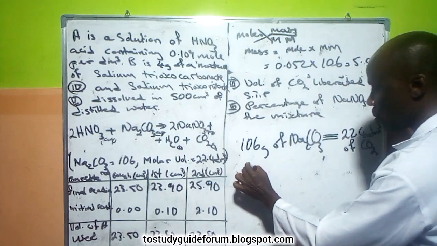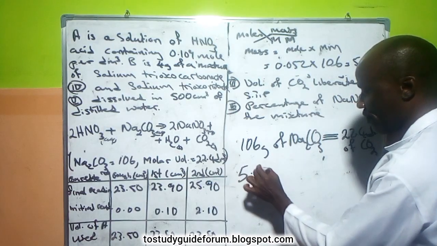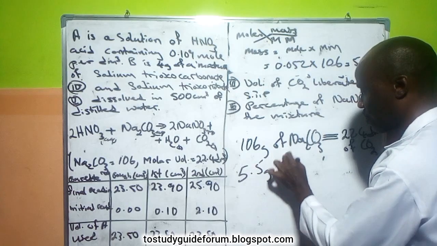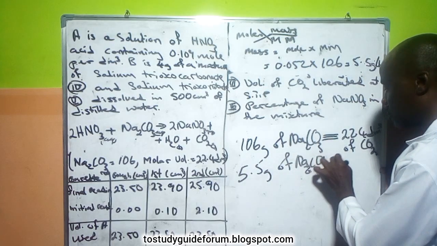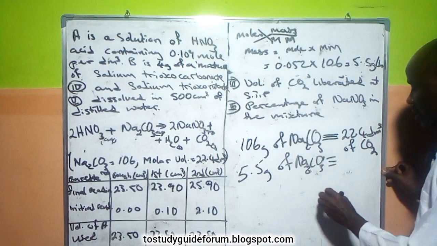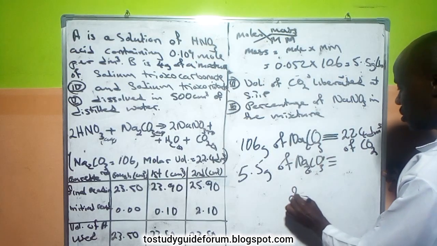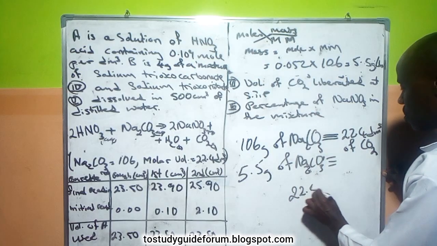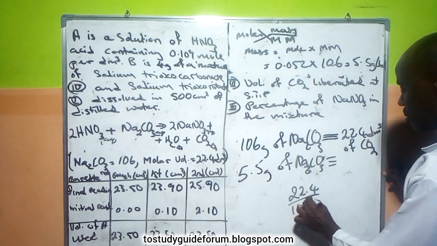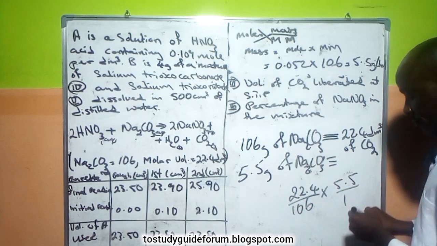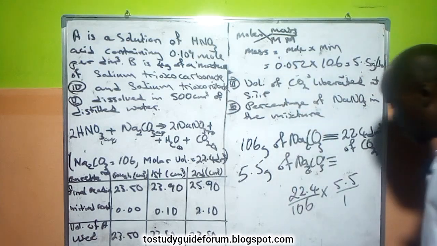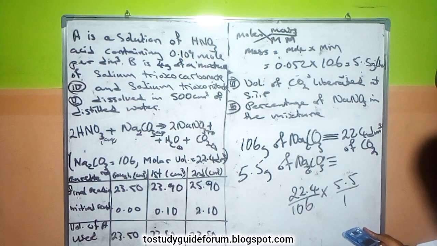So what we have: 5.5 grams of sodium trioxocarbonate will give us 22.4 over the molar mass, times 5.5. That is 22.4 divided by the molar mass.